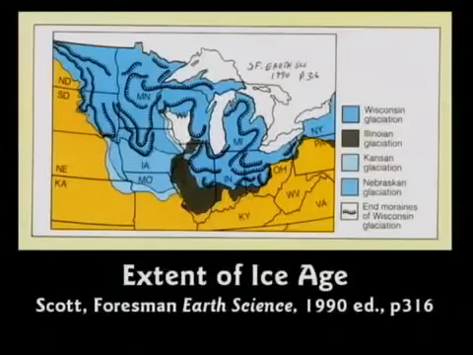These black lines on here show the terminal moraine. Who remembers what a moraine is? Remember what a moraine is? Talk about that in here. As the ice is sliding along, it bulldozes in front of it piles of rocks. You might end up with a pile of rocks a half a mile high. Maybe not that high, but hundreds of feet high, okay?